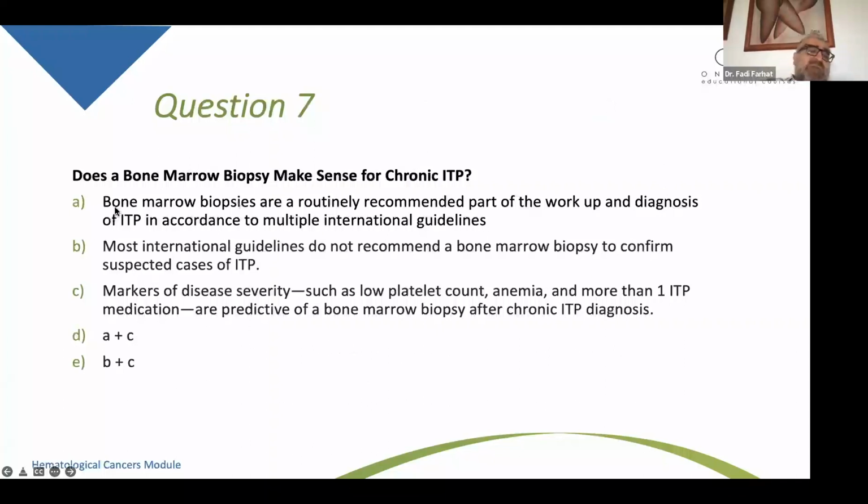So you can choose A, B, C, or A plus C or B plus C. You can read the question, take your time. Should we do it for all? Should we do it not for all? Is the severity of the disease an indication to do the bone marrow?